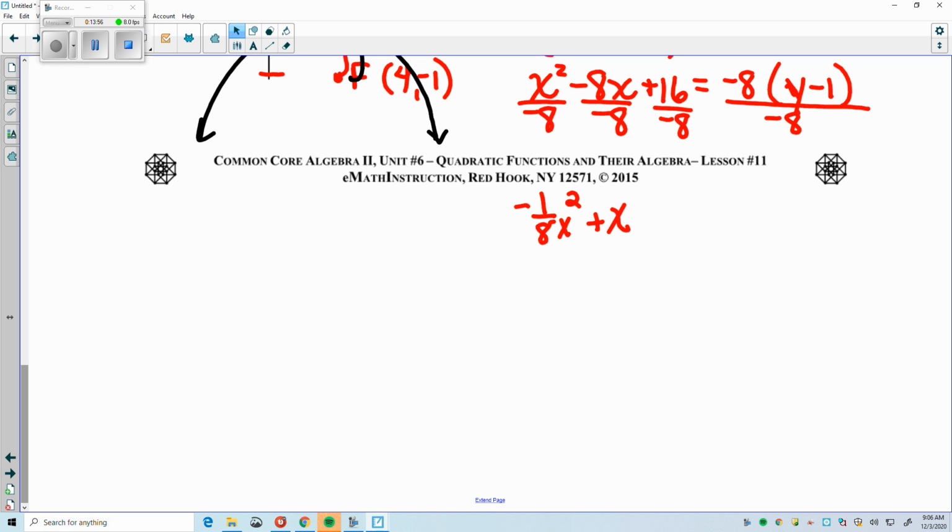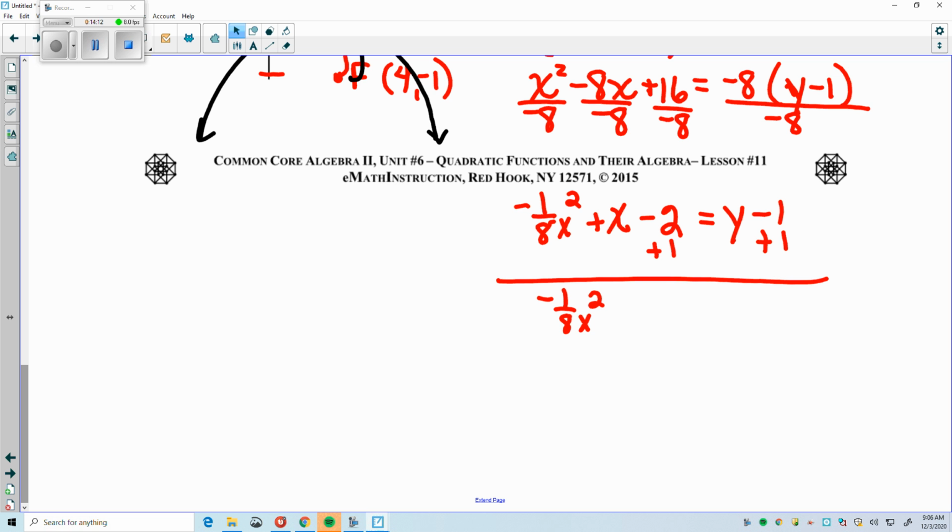Next term, I have a positive divided by a negative, which is a negative. 16 over 8, which is 2. And now over here, I have y minus 1. And then to get y by itself, I'm going to add over the 1. And so I have -1/8 x squared plus x minus 1 equals y. That's your equation for your parabola, and you're done.